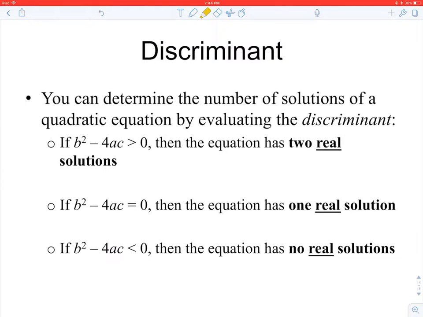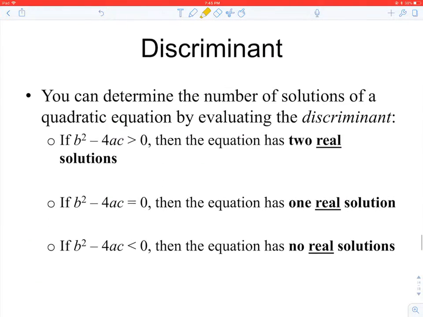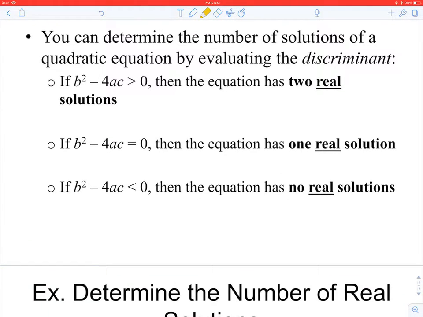If b squared minus 4ac is equal to 0, you have 0 under the radical. Well, the square root of 0 is 0, so you would have negative b plus or minus 0, and you're only going to have one real solution. It'll be negative b over 2a, right? If you add 0 or subtract 0, you still just have negative b in the numerator and 2a in the denominator.